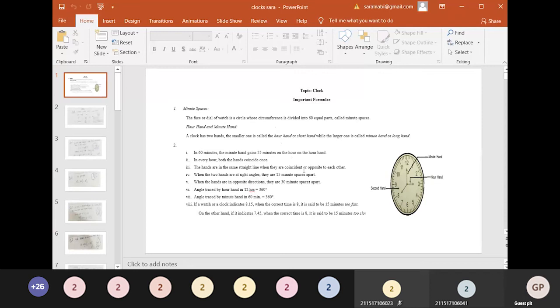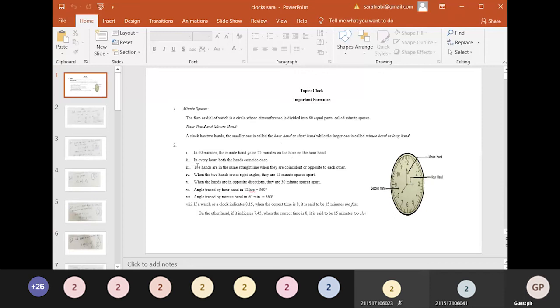The important concepts are three things we can find out: the angle of coincidence, the angle when the hour hand and minute hand are in opposite directions, and the right angle.